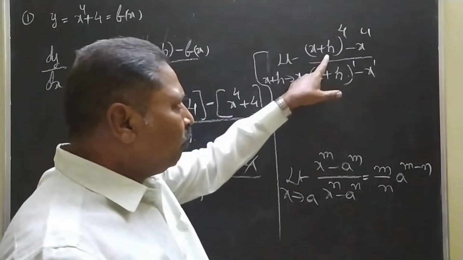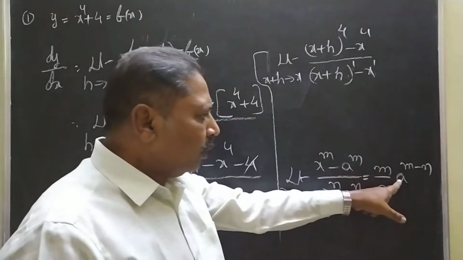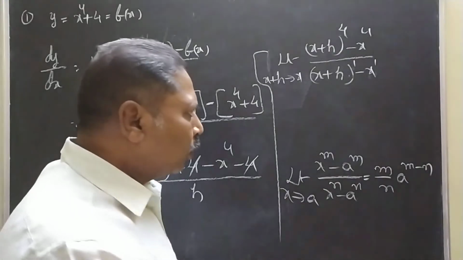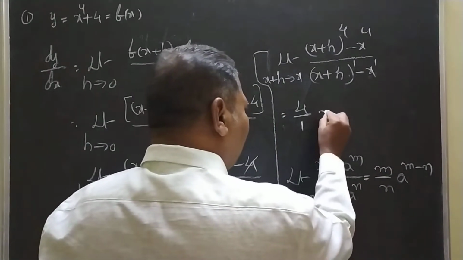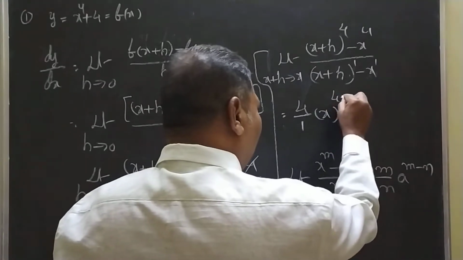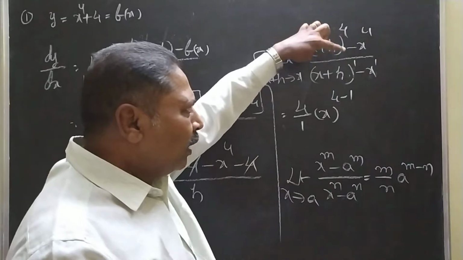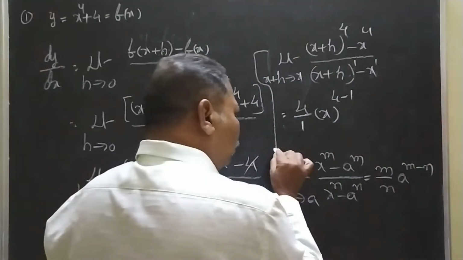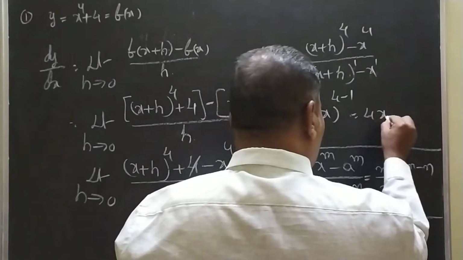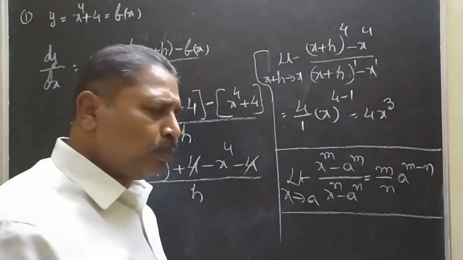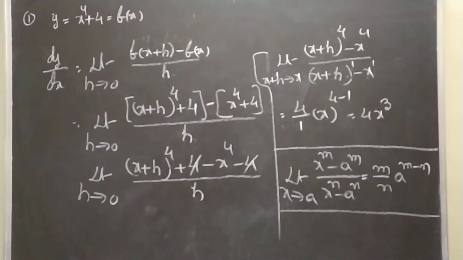So m value 4, n value 1, a value x. So m by n, a power m minus n, with m value 4 and n value 1. So this is the formula. Finally, 4 into x cube. This is the first problem.